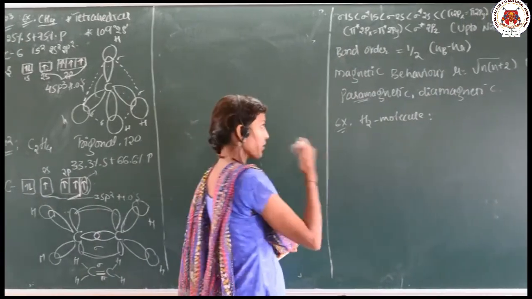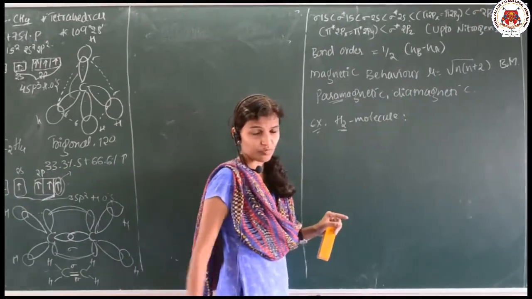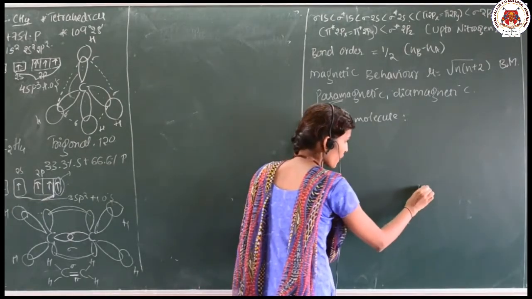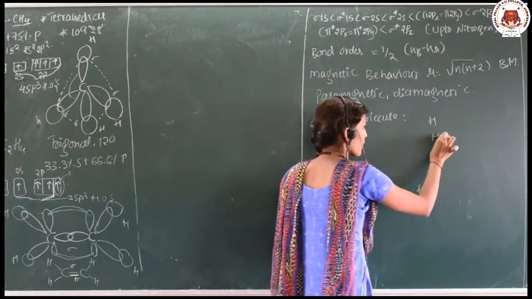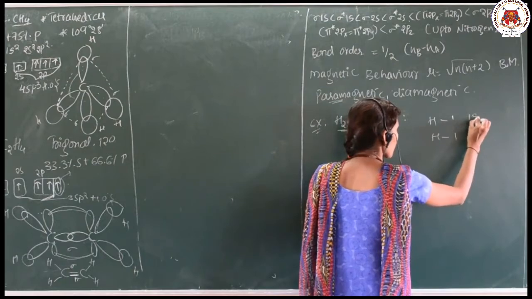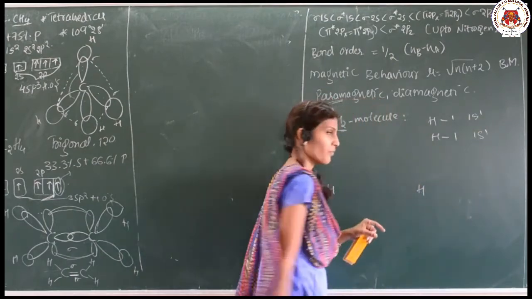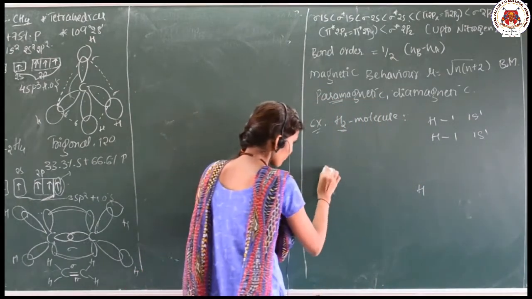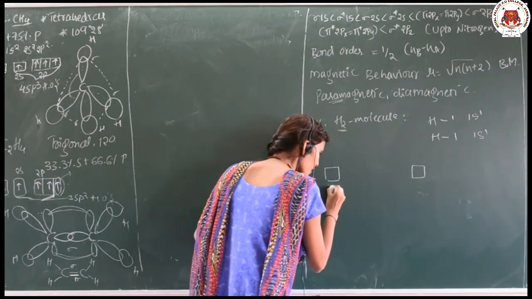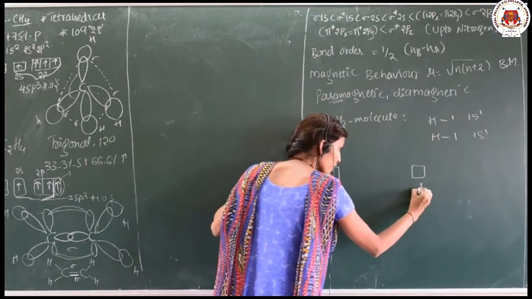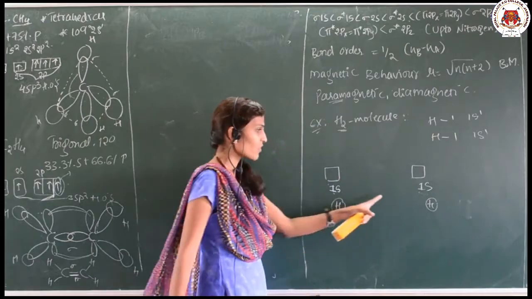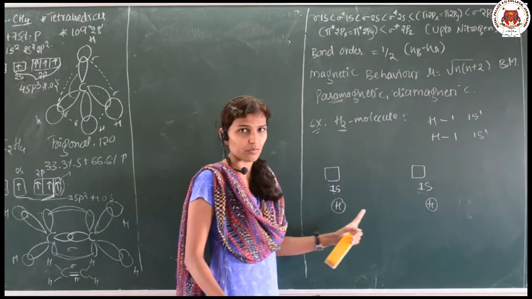Say here the H2 molecule. Here I will take one H, and here also I will take H. What is the atomic number of H? 1, and the configuration will be 1s1, 1s1. Okay. So, here this is the 1s orbital of both hydrogens. 1s and 1s are the atomic orbitals.